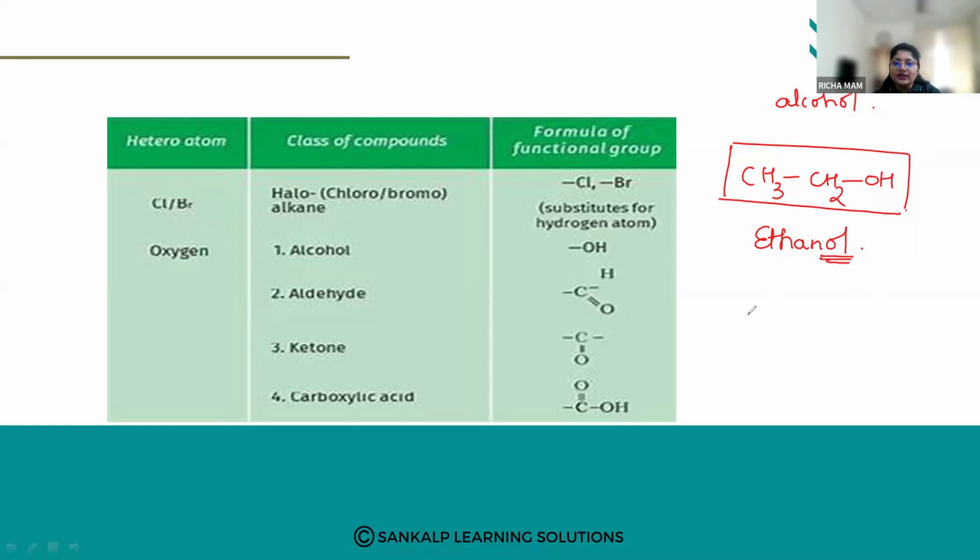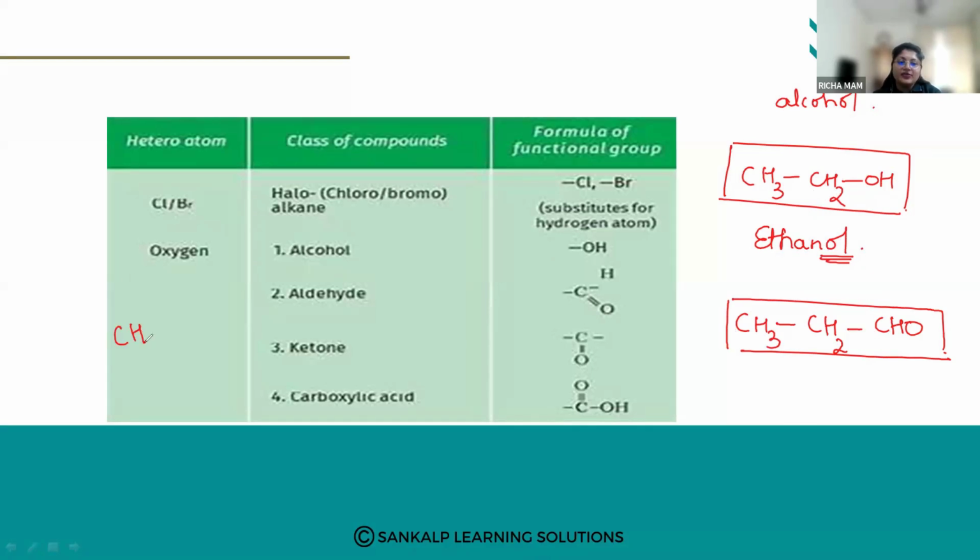Suppose, similarly, what is happening here? One of the hydrogens has been replaced by OH. Similarly, if I replace one of the hydrogens by an aldehyde group, this class of compound is called aldehyde. I have given you an example: CHO is an aldehyde.